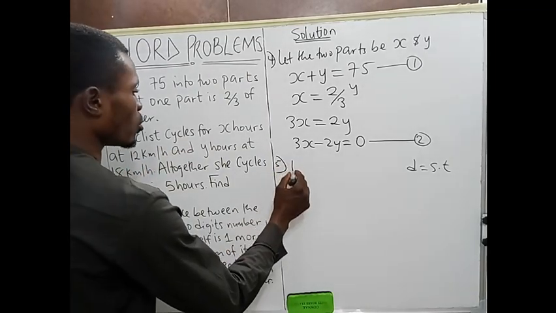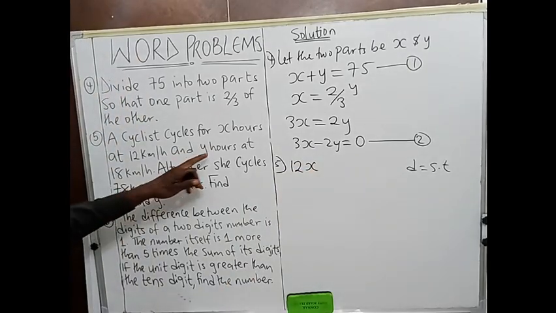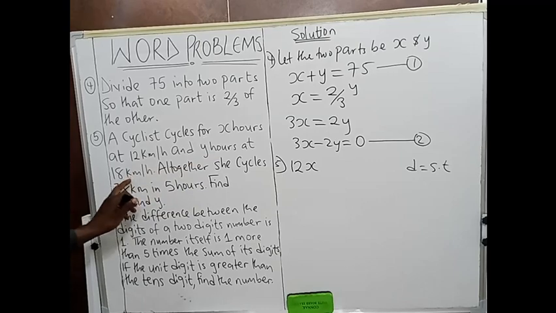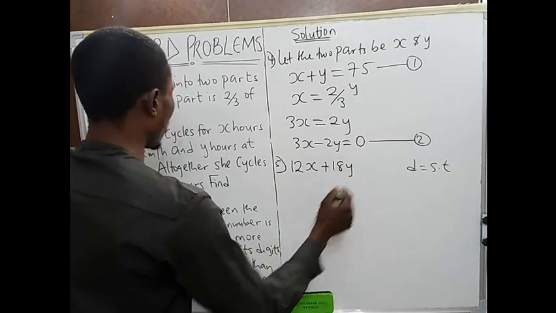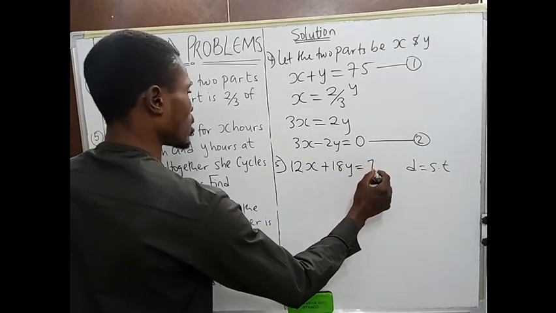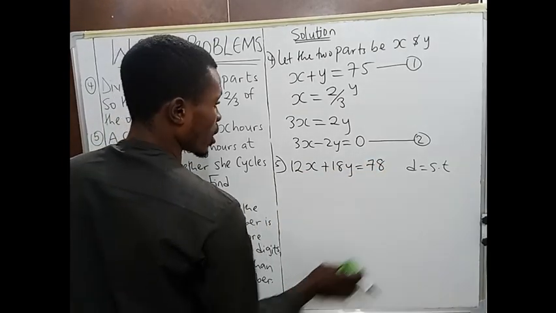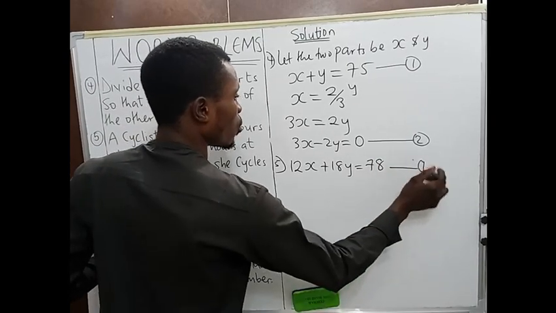So we're going to have 12x. Okay, at Y hours, distance is what? 18y. Plus 18y. Altogether, total distance is what? 78. This will give our equation 1.